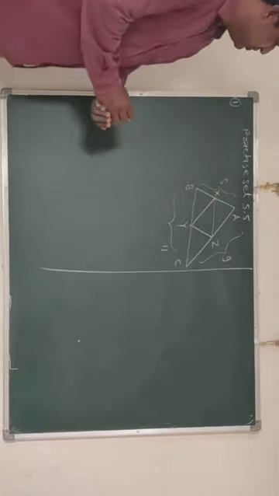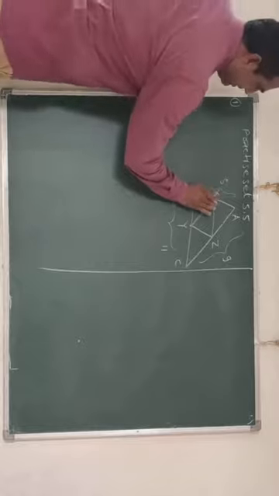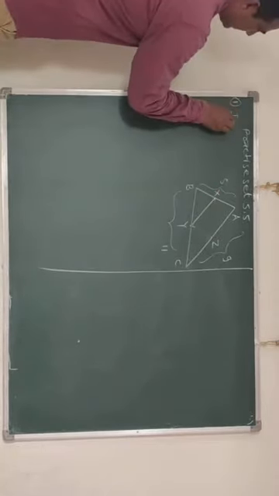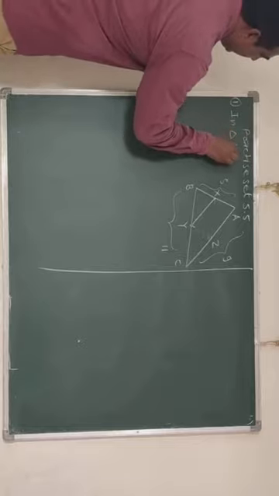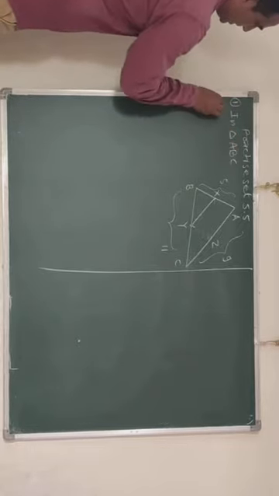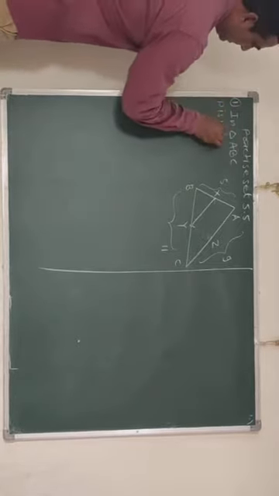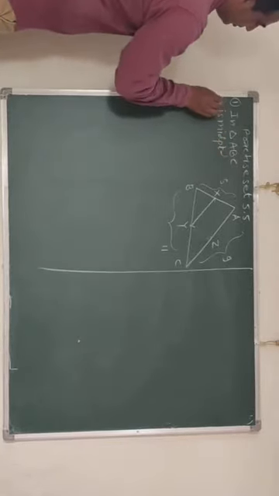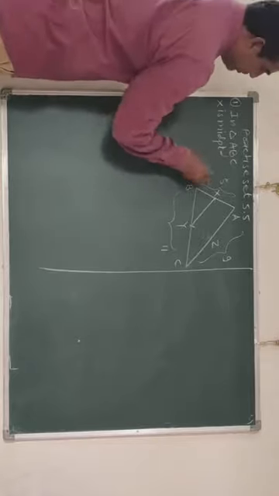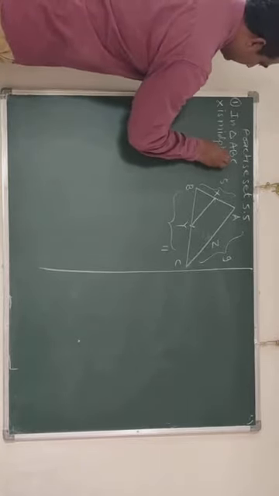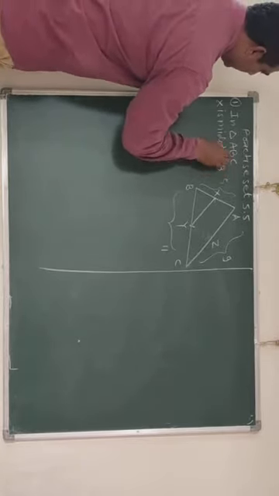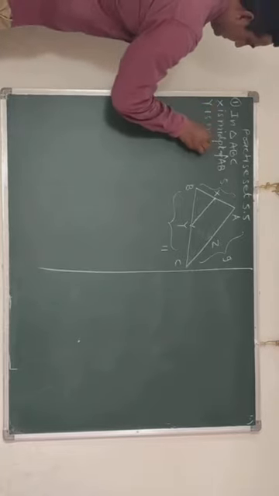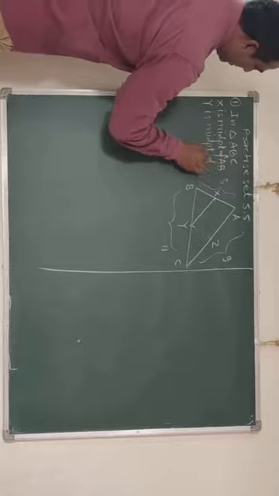So first of all, for XY, forget this. In triangle ABC, X is midpoint of AB, and Y is midpoint of BC.